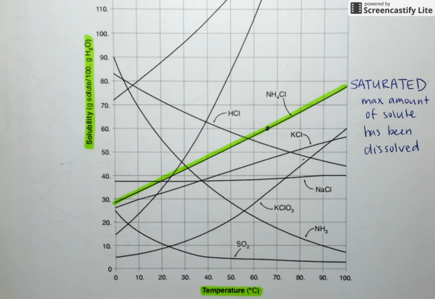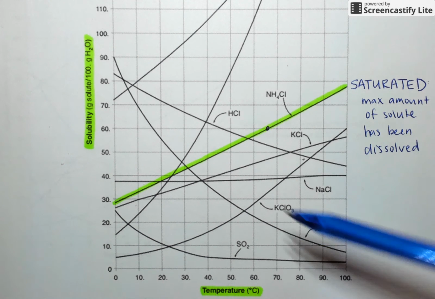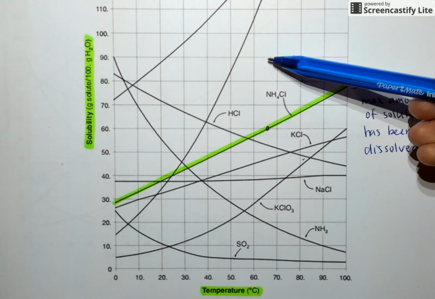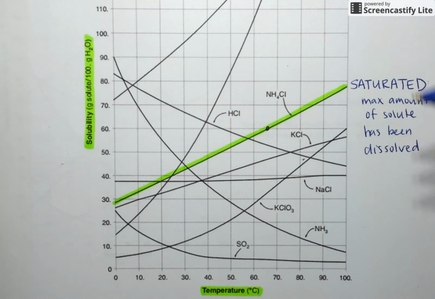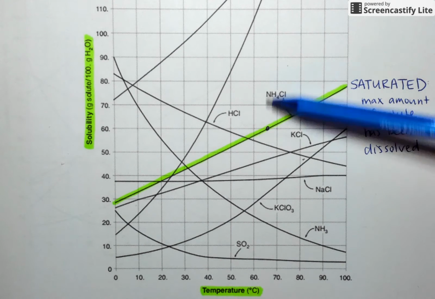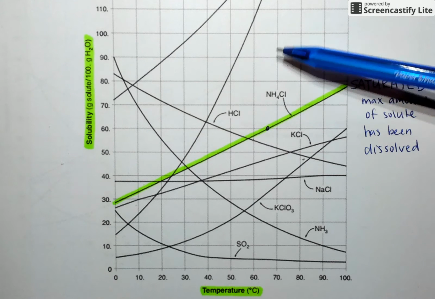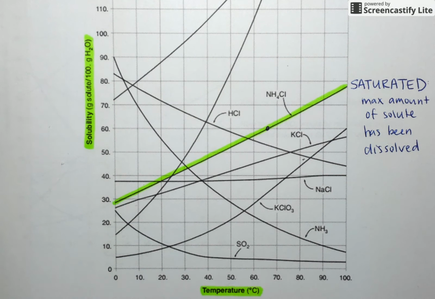Anything that you add beyond that is just going to start settling down to the bottom in a stable way. So if we have, say, 90 grams of ammonium chloride and we try to dissolve it into 100 grams of water, unless the circumstances are very special, we're going to get a saturated solution and then some extra stuff down at the bottom.